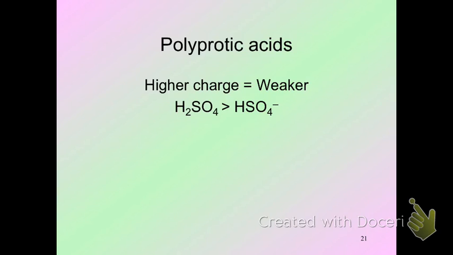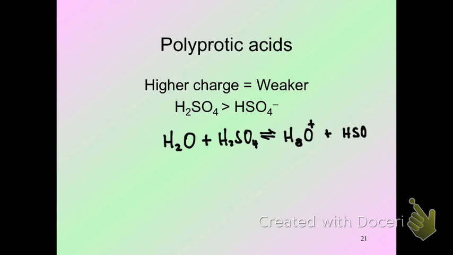So if you're comparing, for example, H2SO4 versus its conjugate base for acid strength, the reaction that we think about for H2SO4 is H2O plus H2SO4, all aqueous or liquid water, in equilibrium with H3O plus, hydronium, and HSO4 minus. That has a K value, but it's a strong acid, so I'm not going to write it down.